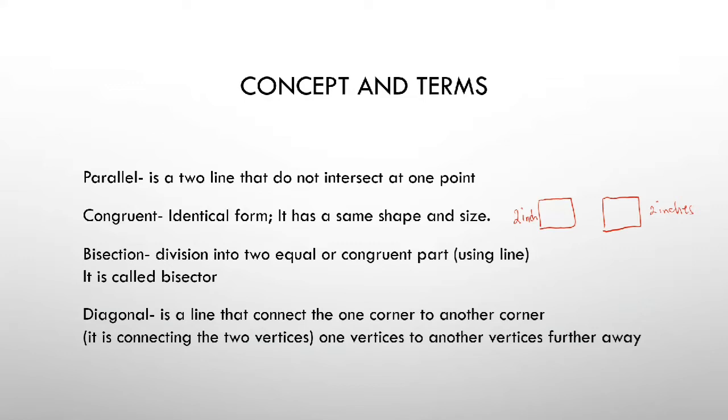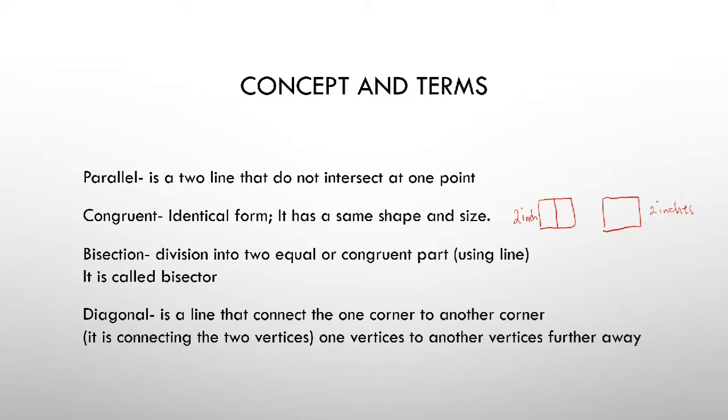In bisection, we divide the figure into two equal parts using a line. The diagonal is also a line, but it connects one vertex to another vertex. Sometimes our bisection does not go from vertex to vertex. It can be like this, for example. That is a bisection, because we are dividing into two equal or congruent parts.